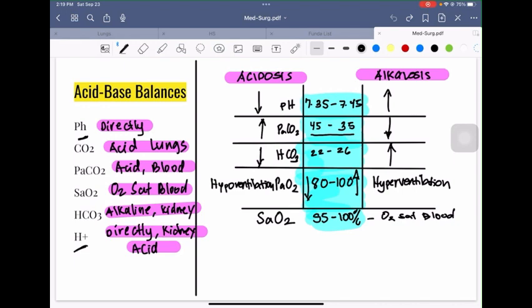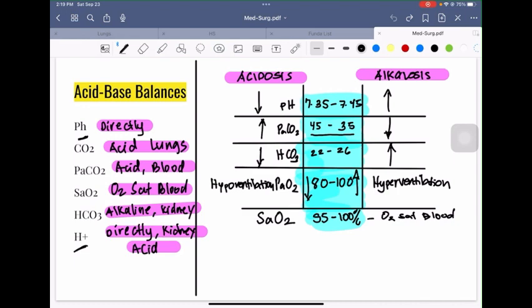Okay, let's start. pH and hydrogen ion, as you see in the line I made there, are directly affected. If there's something happening with your respiratory system or your kidney, pH and hydrogen ion are directly affected.